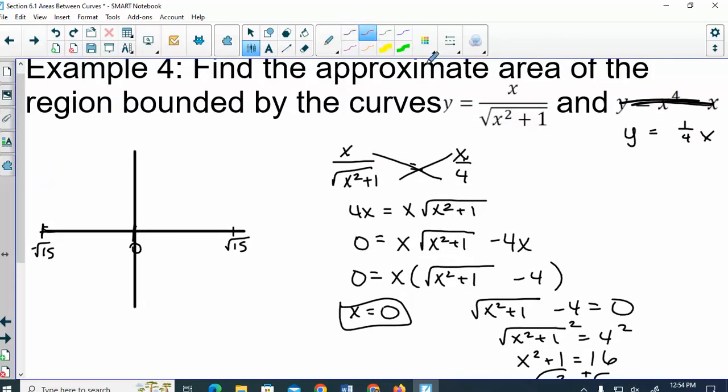So let's plug in enough points to figure that out. So if I take this one, if you put in 0, you get 0. If you plug in the square root of 15, you get the square root of 15 over the square root of 16, so square root of 15 over 4.